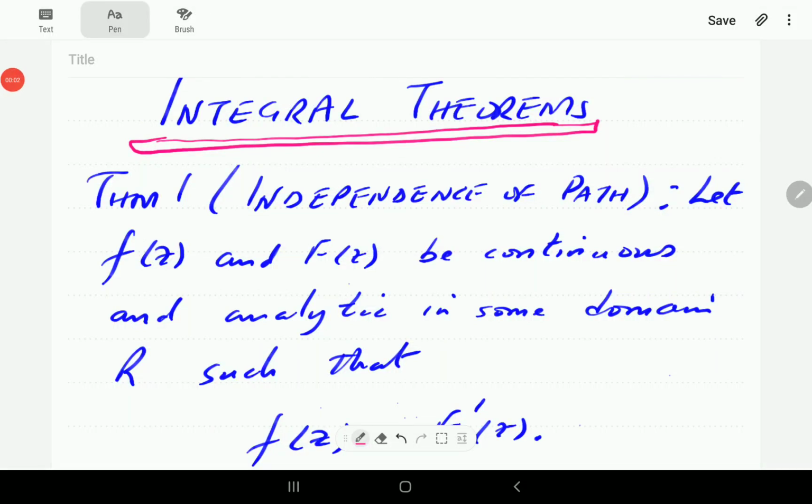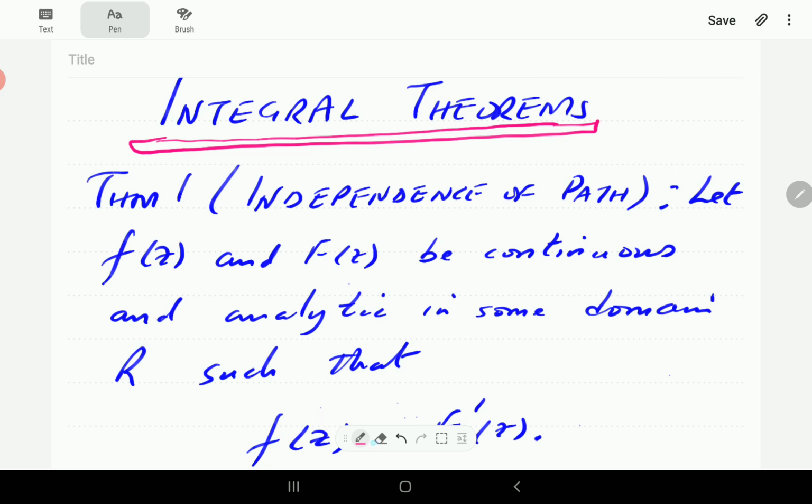All right. In this video, we are going to start introducing integral theorems for evaluating complex valued integrals.